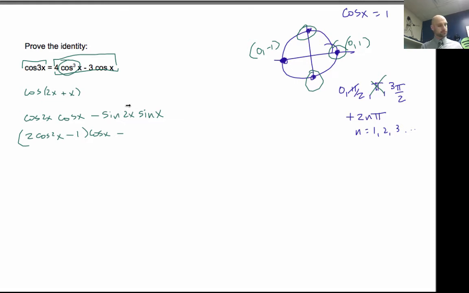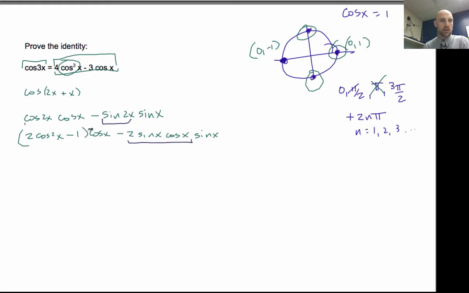So I'm going to convert that. Let's see. I need cosine of x, so I'm going to use 2 sine x cosine x times sine x. So on my sheet, sine of 2x is this.